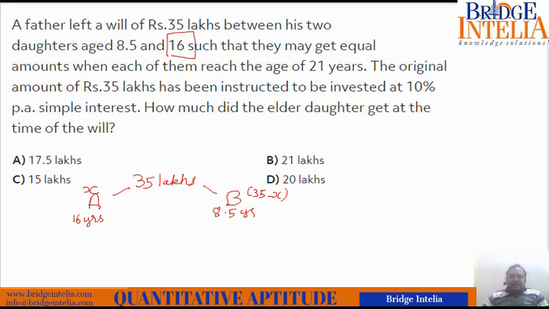And he told them that you deposit this money in the bank and the bank will return you the money when you become 21 years old. So she will become 21 years old after 5 years. So basically the father told the elder daughter that you are already 16 years old, so you need to keep this money in the bank for another 5 years so that you can withdraw the money when you are 21 years old.